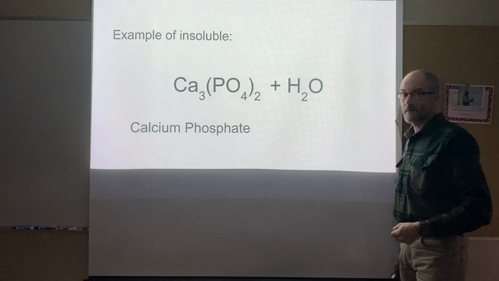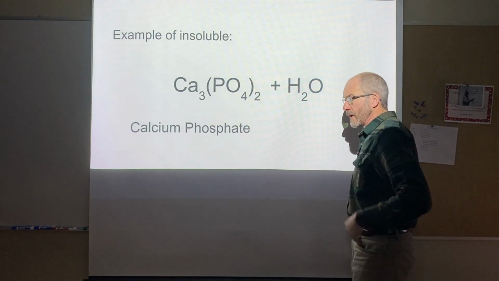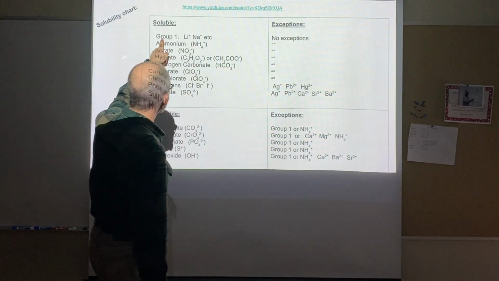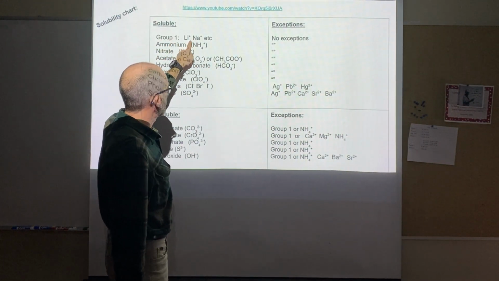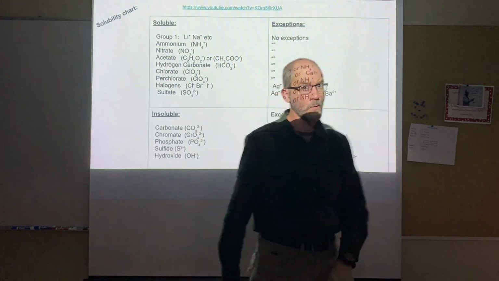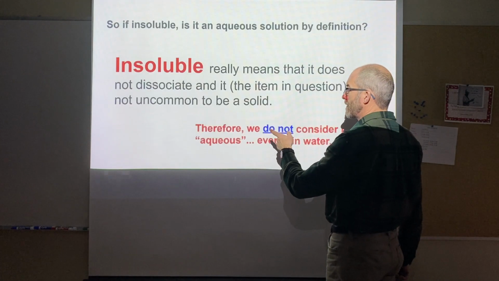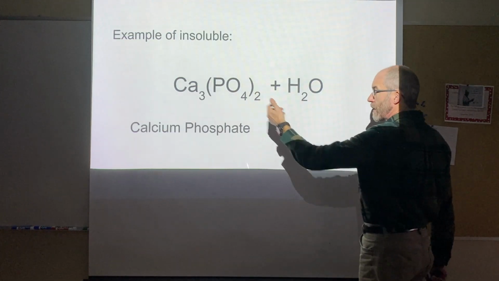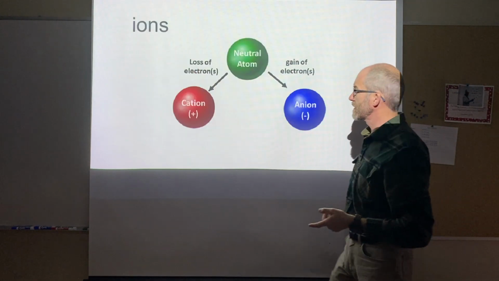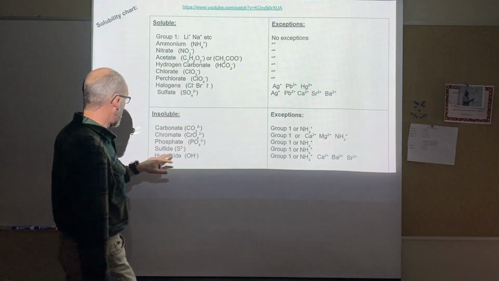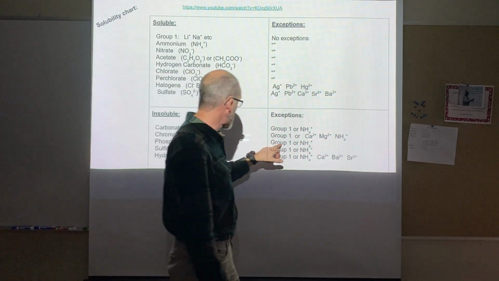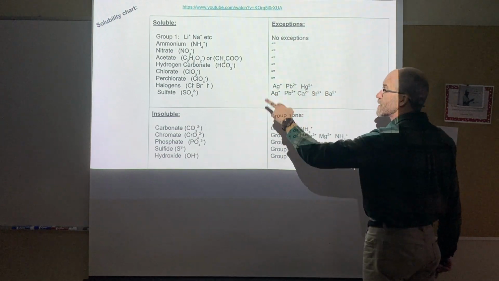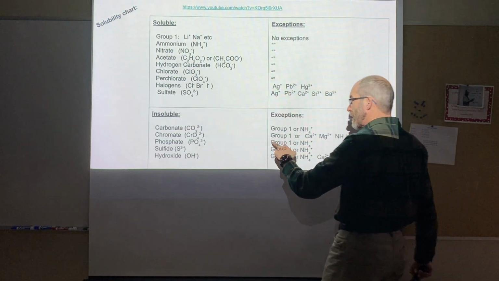Now, what if I had calcium phosphate? And by the way, let's go back to this just for a second. How do I know? Well, I know because sodium is a group 1 element and there are no exceptions. So by looking at my solubility chart, I find out that this is very soluble, which means it will dissociate. And what about my calcium phosphate? According to this, I have a phosphate. Are there any exceptions? In other words, is it joined with any of these items? If it were, it would be soluble.